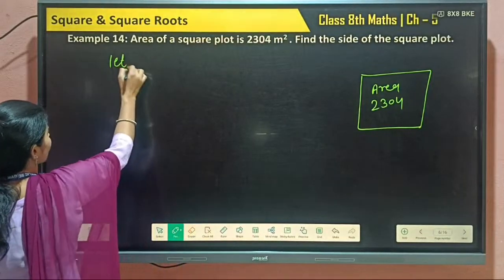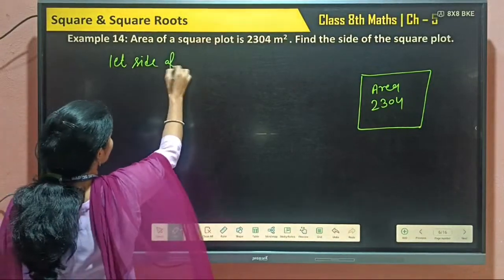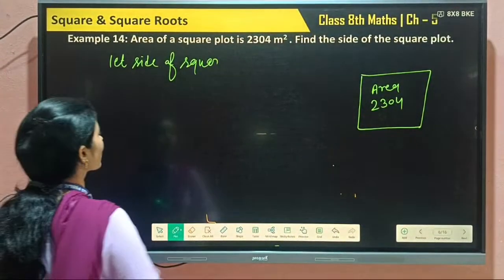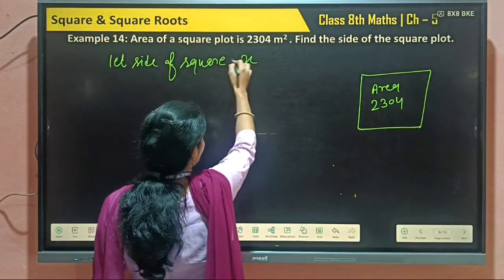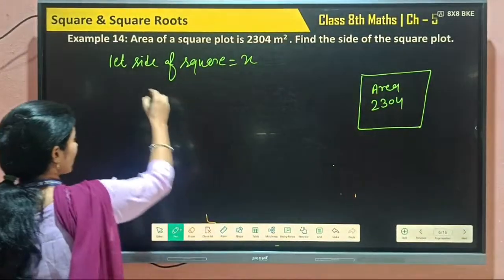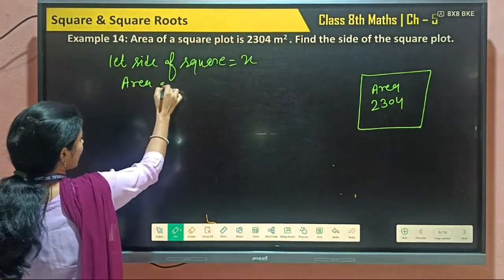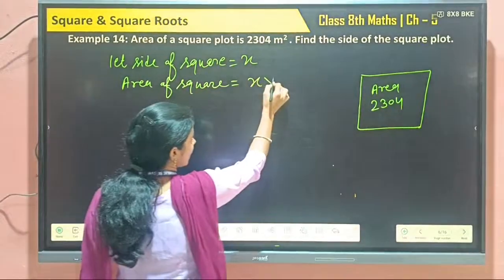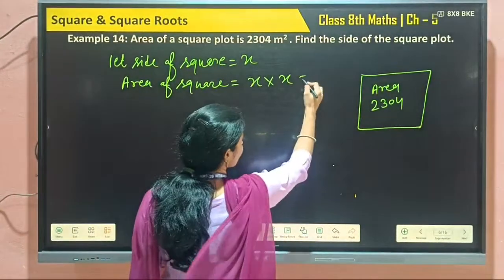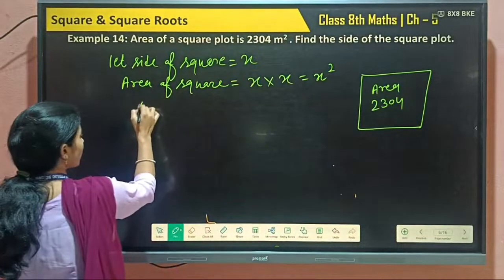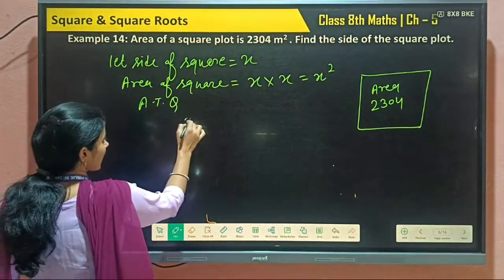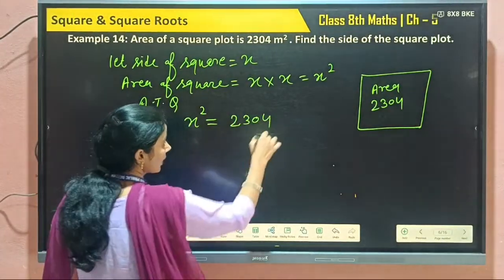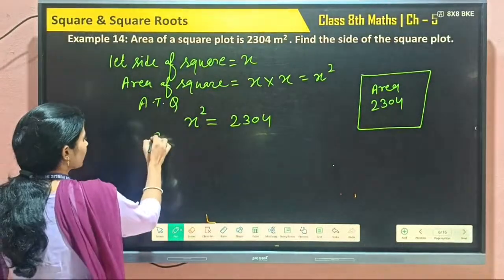Let the side of the square be x. Then its area is side times side, that is x squared. According to the question, this x squared is 2304.